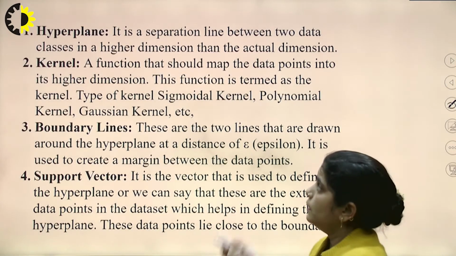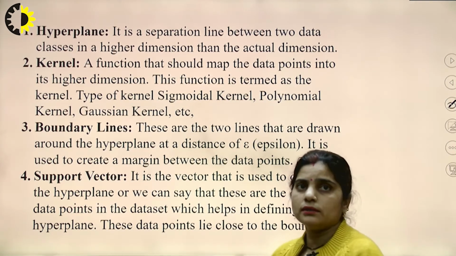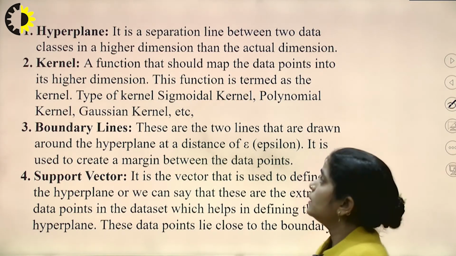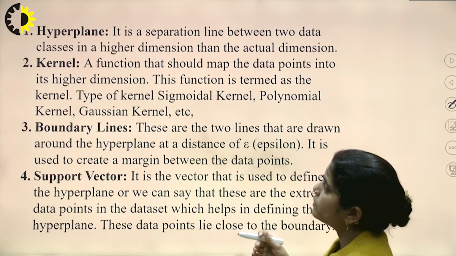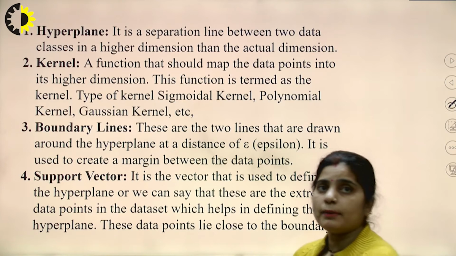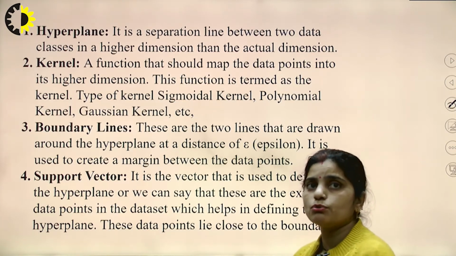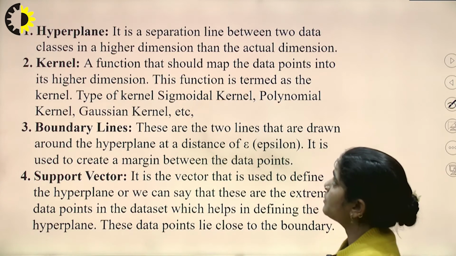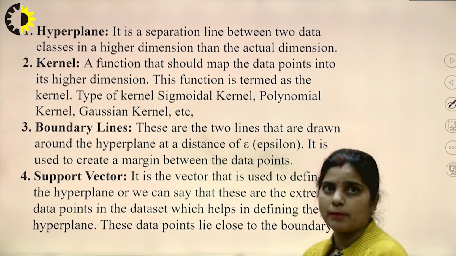Now these four terms are basic terms which we have to understand before moving towards support vector machines. First one is hyperplane. Hyperplane is a separation line which is used to separate the two data classes in higher dimensions rather than the actual dimension.